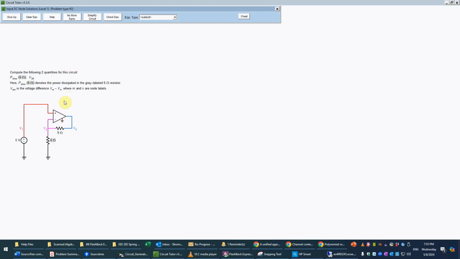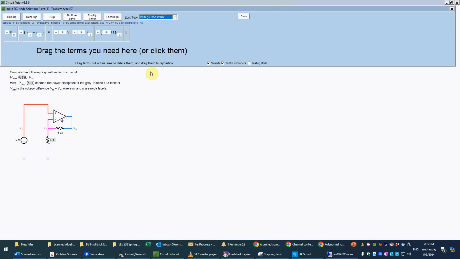Okay, so we're going to go ahead and solve this. We're going to use a nodal analysis type of technique. We're not going to select a ground here as we normally do, because that also is the ground of the op amp circuit itself, in effect, again through the power supplies, and we don't want to change that. So we're going to do only nodal analysis. Mesh analysis, again, is generally not possible. So we're going to begin by doing a voltage constraint equation, since we do have a voltage source, as we would always do in a DC nodal analysis, which hopefully you've already studied to learn most of this.